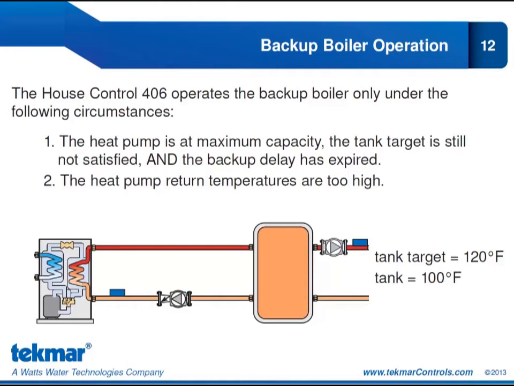So those are two scenarios where we would be using the backup heat source. The first scenario is using the backup heat source in combination with the heat pump, whereas the second scenario involves the backup heat source operating without the heat pump.